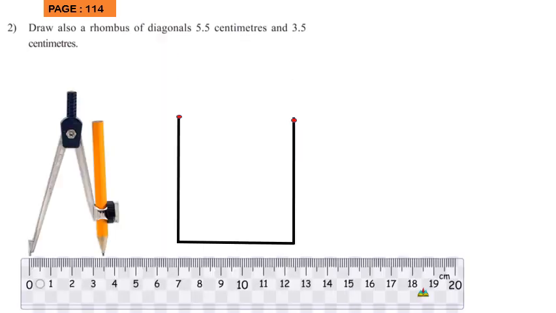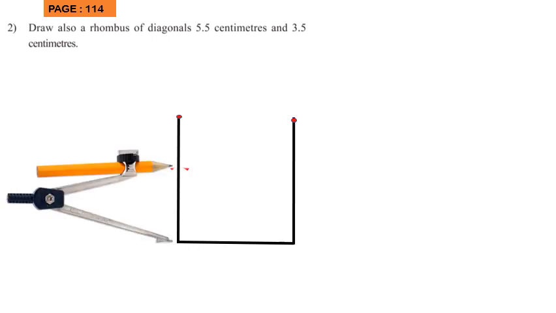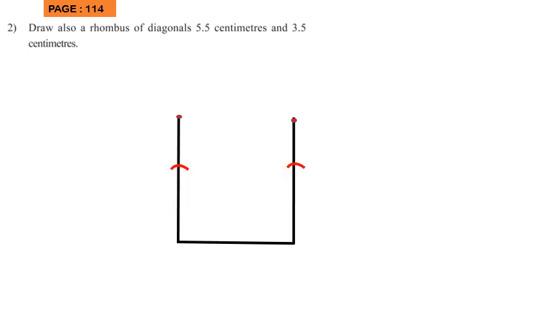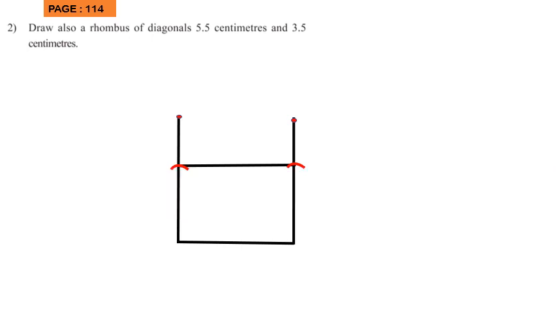Then take 3.5 centimeter in a compass and mark 3.5 centimeter breadth on both sides. Then join these intersecting points by using a ruler. Then erase the unwanted parts. We get a rectangle of sides 5.5 centimeter and 3.5 centimeter.